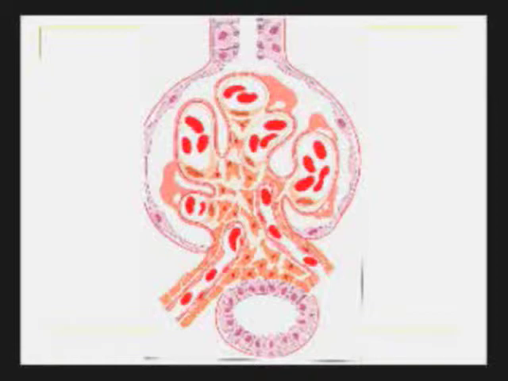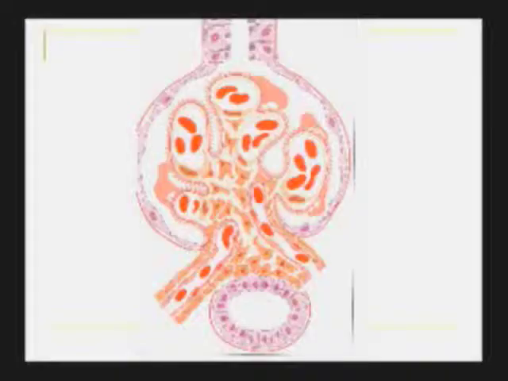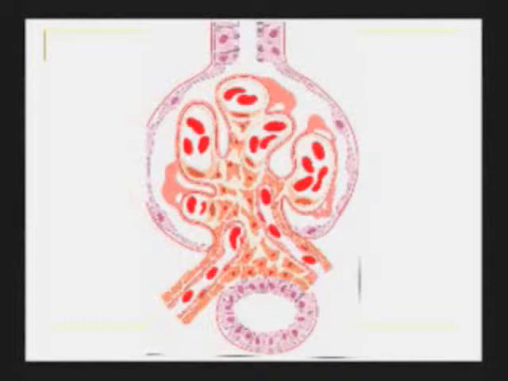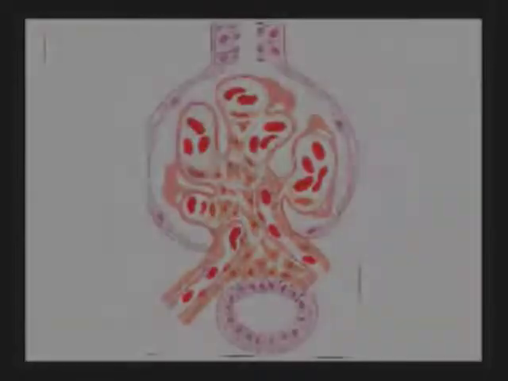This is the same schematic when you've got protein in the urine. For some reason, which I'm not going to go into, if you noticed on the last one, where the podocytes are, see how these are all spiky? And then if I go here, this is all smooth and fused.